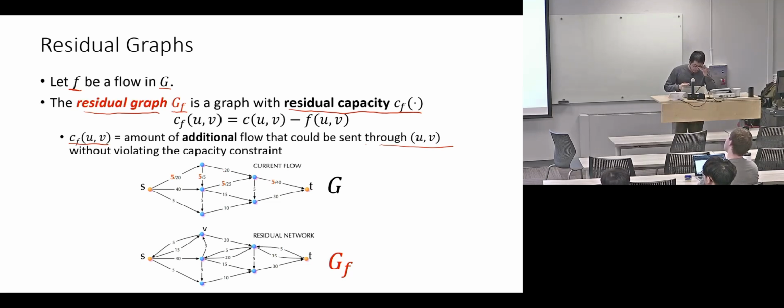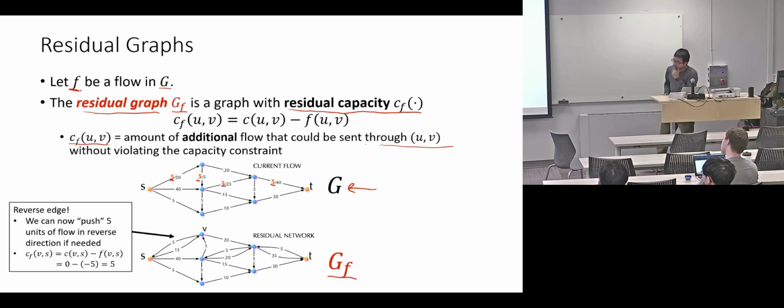Okay. So let's look at the example. This is a graph G. The red thing is the flow. And this is your residual graph. What I want to note is that you can see there is a reverse edge here. For example, this edge has capacity 20.